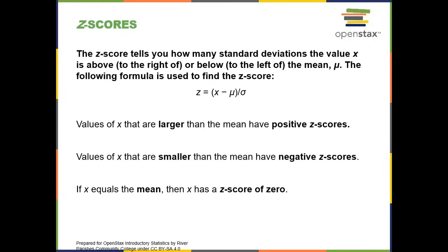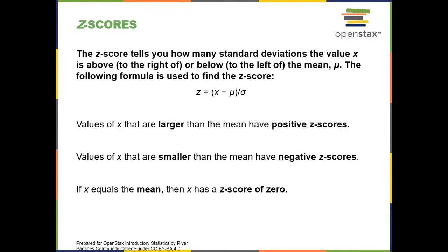Z tells how far away the variable x is from the mean of the distribution. So x minus mu in the numerator, the deviation of x from mu, the difference of value x from the population mean mu, divided by the standard deviation sigma.